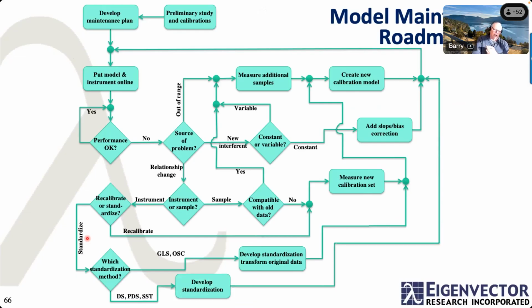Or if you want to use direct standardization, piecewise direct, SST, develop that standardization and then get that in the chain of things and get that standardization in the model. Okay, so that's the roadmap, with all the things that I could at least think of on a plane ride, what might happen.